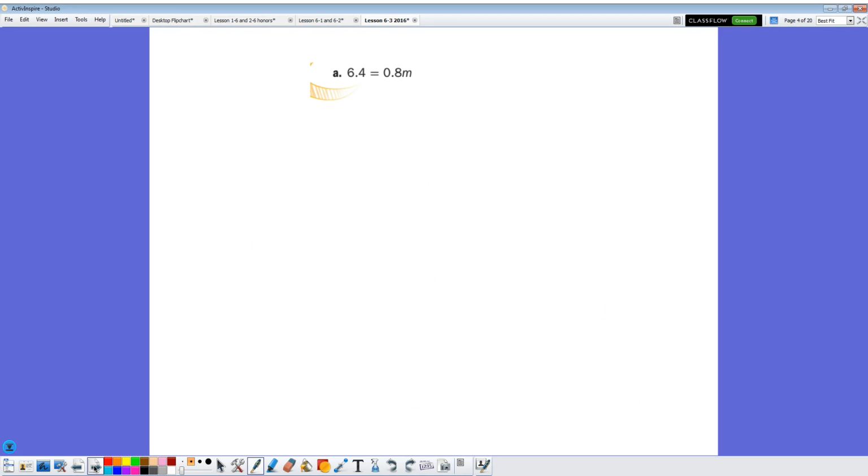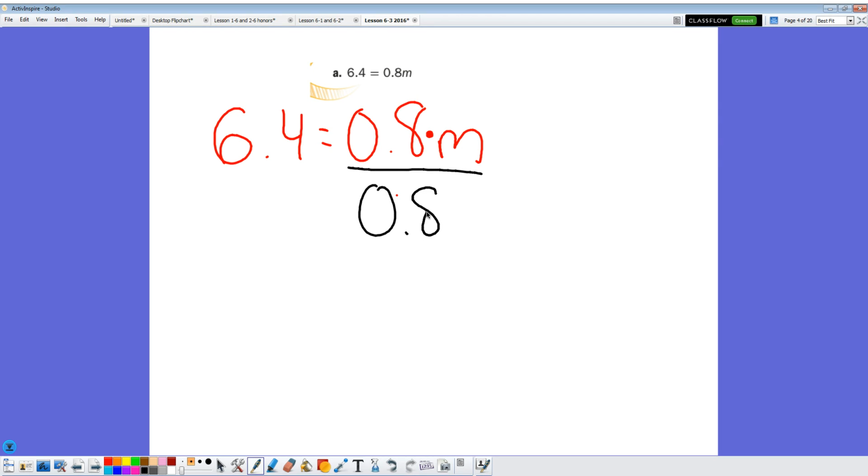Okay, so let's look at Got It problem A, which should be on the very bottom, or halfway down on the next page. So I have 6.4 is equal to 0.8m. Remember, 0.8m is really multiplication. So the inverse operation of multiplication is division. 0.8 divided by 0.8 is 1, which leaves you with m.